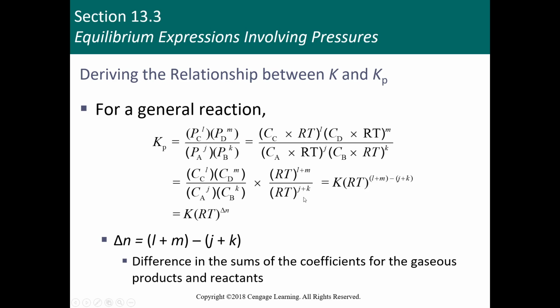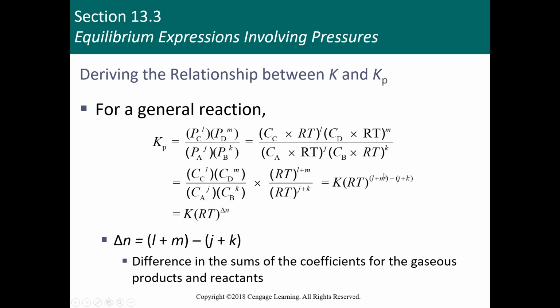We can then transform them. If you take 1 over 10, that's the same thing as 10 to the negative 1. And so when we have powers in the denominator, they can be represented by negative powers in the numerator. And so we have just flipped this up here, taken these as negatives, we subtract those off of these, and we get that change in n.